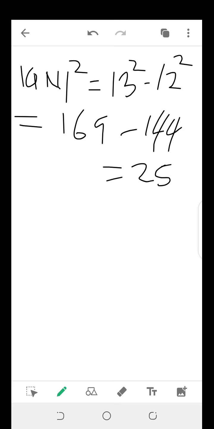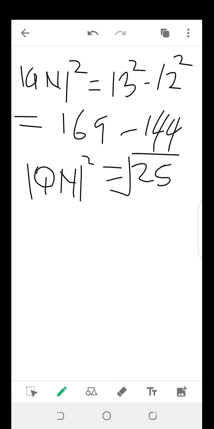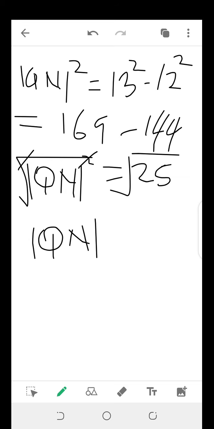Now we can bring our magnitude of QN here. Because we want QN, not QN square, we square root both sides, so we do away with the root and are left with the magnitude of QN, which is root 25, giving us 5.